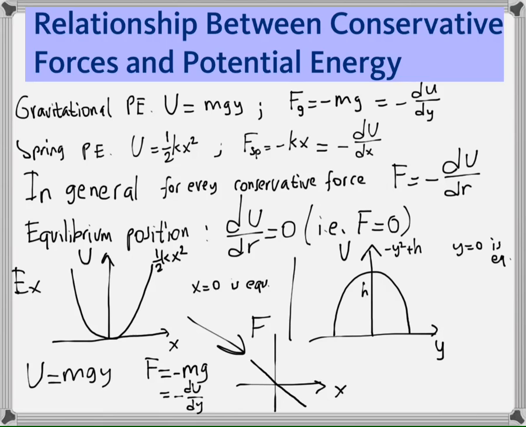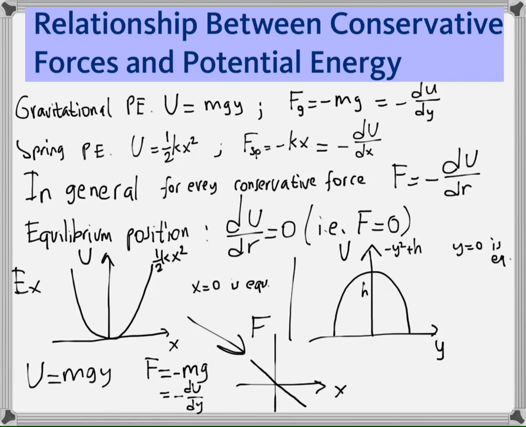That x position will be the equilibrium point. If we take the derivative of the potential function twice and observe its sign, either positive or negative, if it is positive, the point is a stable equilibrium point. If it is negative, the point is an unstable equilibrium point.